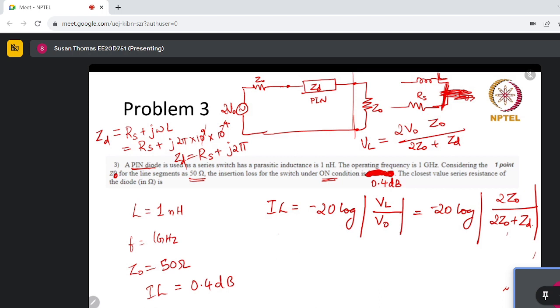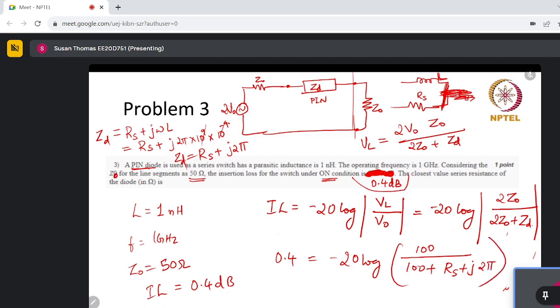Now you are given the insertion loss value, 0.4 dB. You have a 0.4 dB loss. So equate that to minus 20 log of 2Z0 over 2 into 50, which becomes 100, 100 plus RS plus j 2 pi. Now can you simplify this and find the answer for RS, which is the series resistance in the equivalent circuit of this diode.